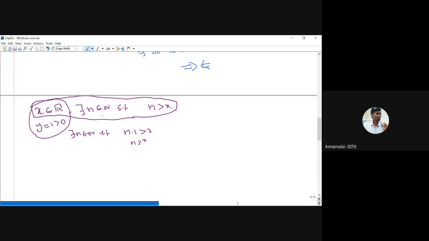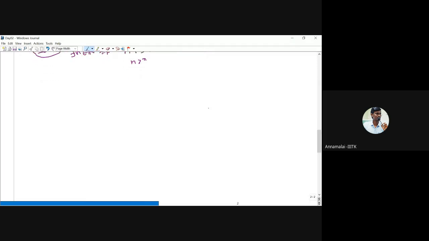This is a special corollary of the Archimedean property, because we know that 1 is a positive real number. This is also one of the Archimedean properties. Now he states some theorems. They are very important theorems.